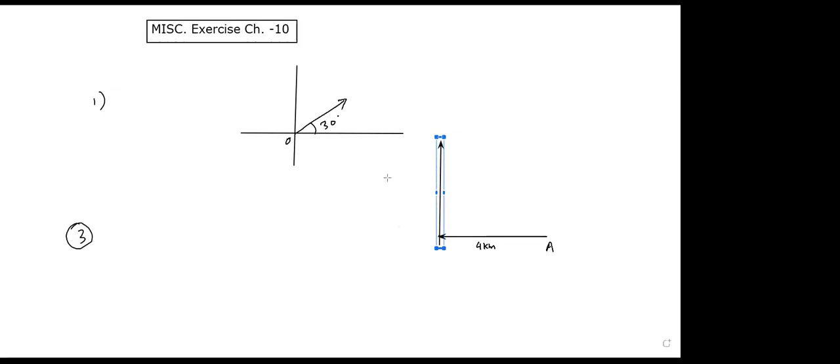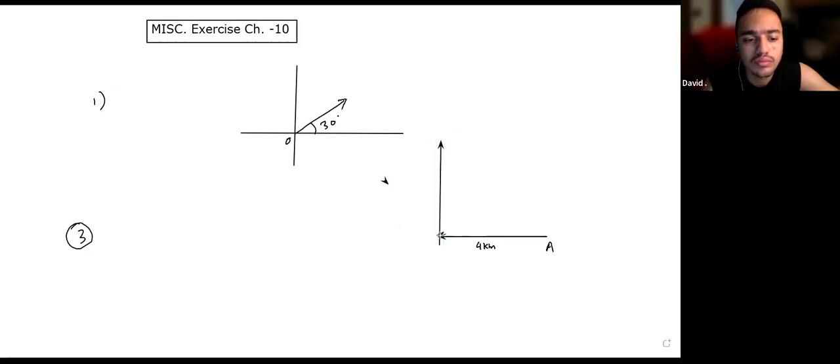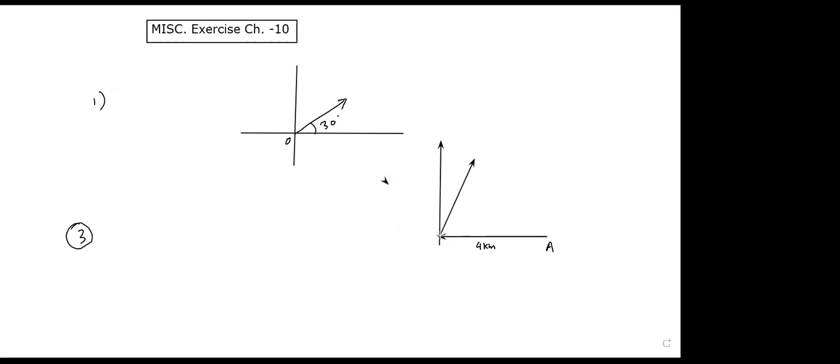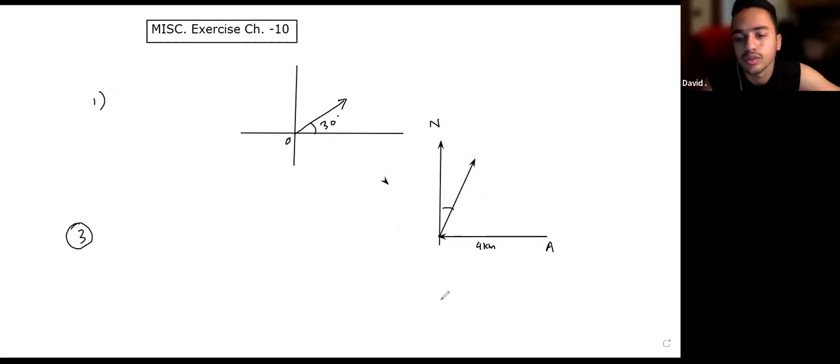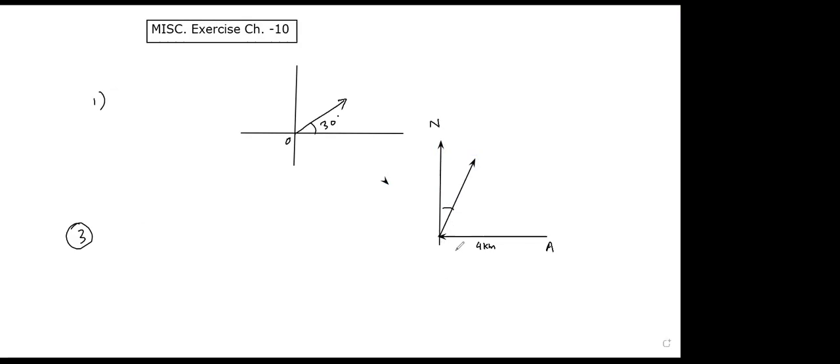This is north direction. Okay, she walks 30 degree east of north. 30 degree east of north means if this is north direction, downward is south direction, right hand side is eastward and left hand side is westward.